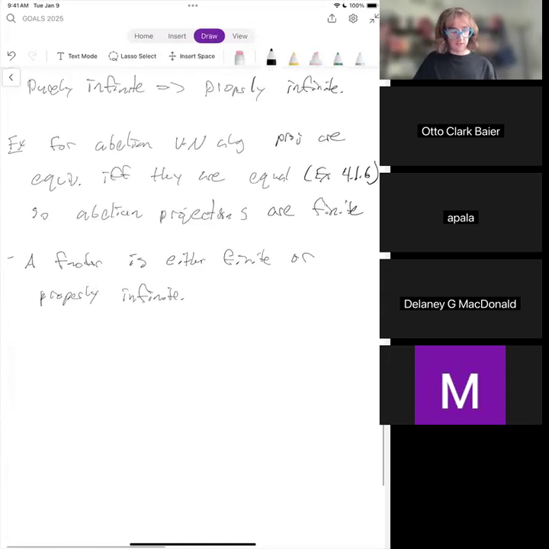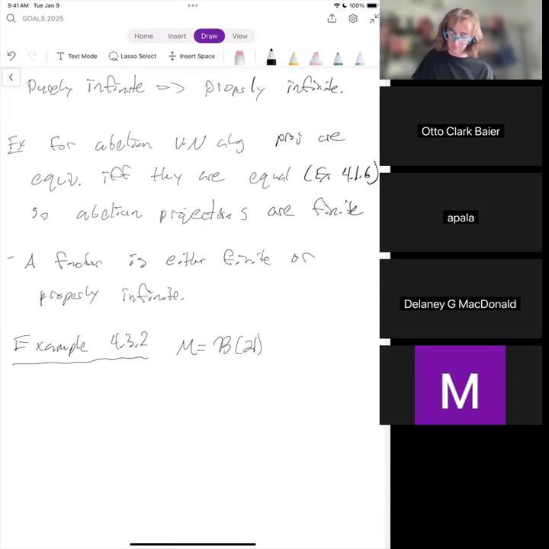Now some more examples to work with these new definitions. We'll look at bounded operators on a Hilbert space as our von Neumann algebra.